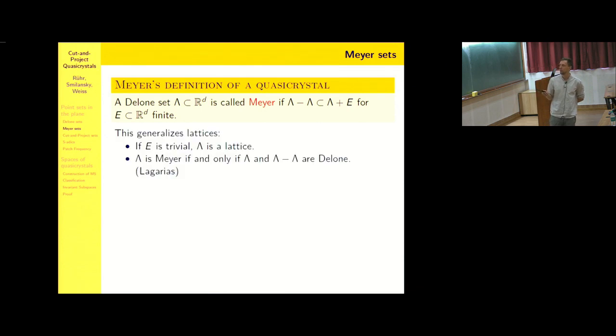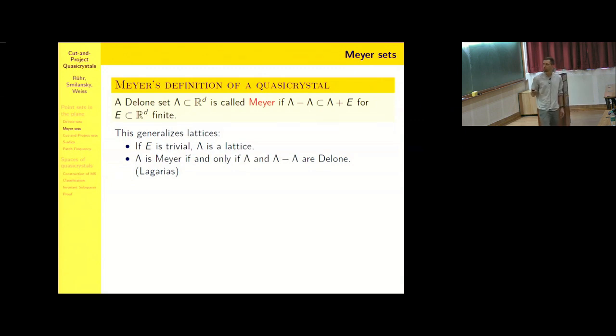So Meyer sets are nice because you see that the Lambda turns out to be a lattice if and only if this finite translation part is trivial. So we really want to think of this as a generalization of a lattice. And there's a more recent description, in the 90s.